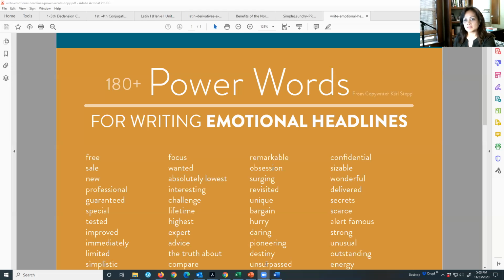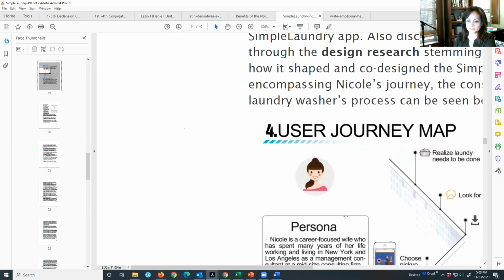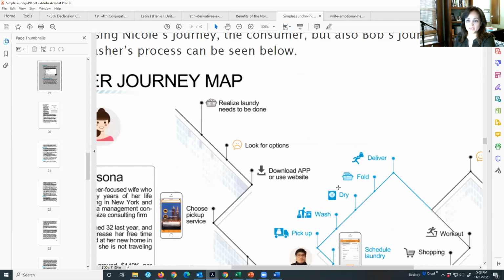You know what I forgot to do is put up the customer journey map. Okay, give me 1 second. But while I'm doing that, here's a really good example of a customer journey map. This is really what you are striving for, and the only way to do this is to find an example.